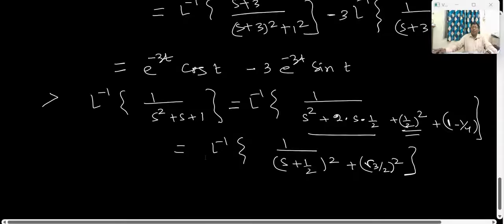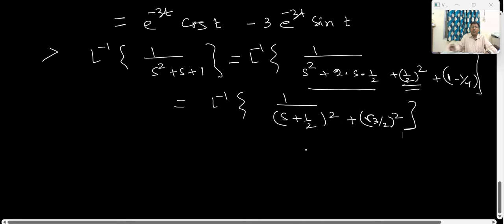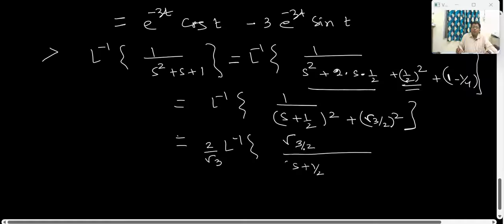So this is plus 4 minus 1, 3, which means I can write it as (root 3 by 2) square. Now it is of the form omega by s square plus omega square. I need root 3 by 2 in the numerator, so in the denominator I need to write 2 by root 3, taking it outside. So this is (s plus half) square plus (root 3 by 2) square.